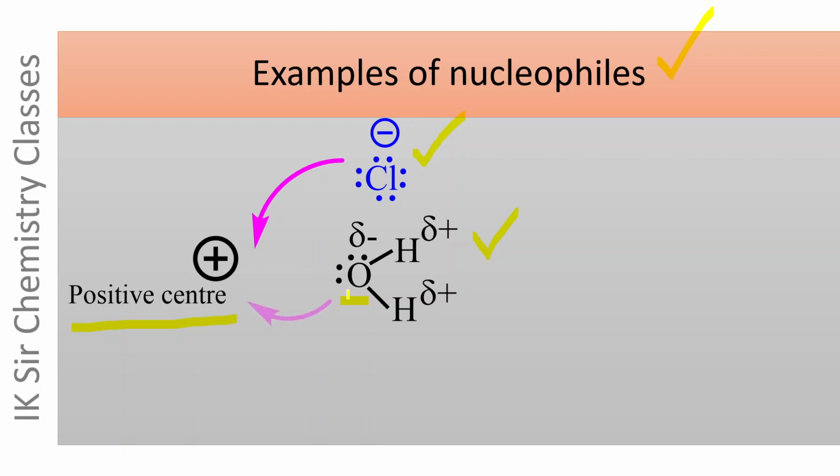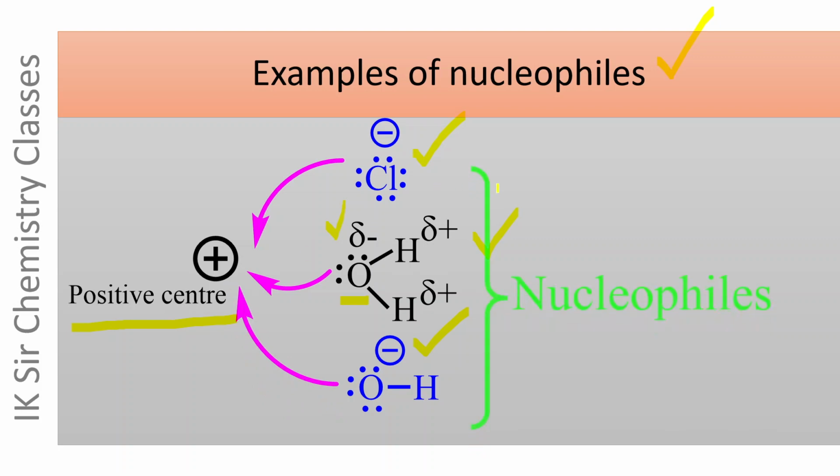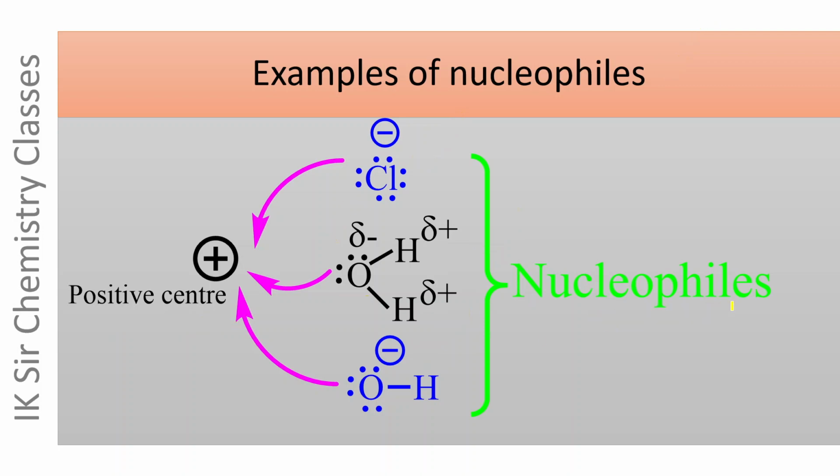It can also attack the positive center through its oxygen atom, which is partially negatively charged. The hydroxide ion contains 3 lone pairs of electrons on the oxygen atom and also a negative charge. It can also attack the positive center. Thus, all these 3 species are nucleophiles.